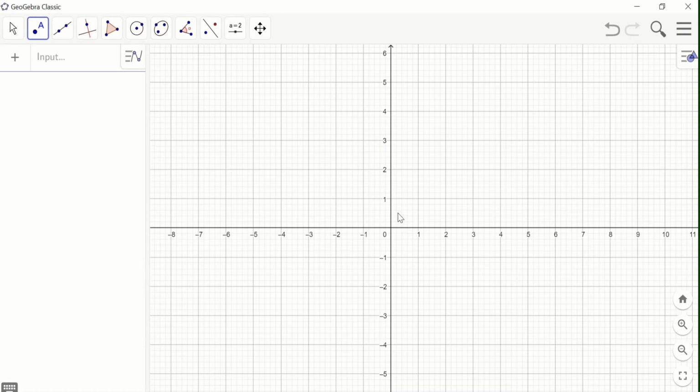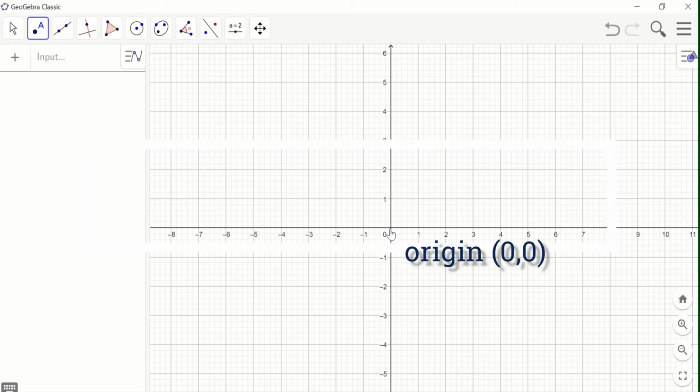We call this our y-axis, because this is where we take our y values. Now, you can see there is an intersecting point in the middle. This is the center, and this is what we call our origin. In the origin, we have 0.